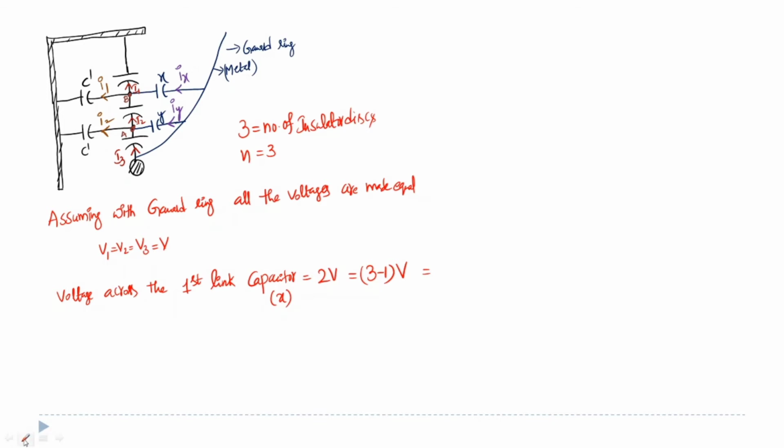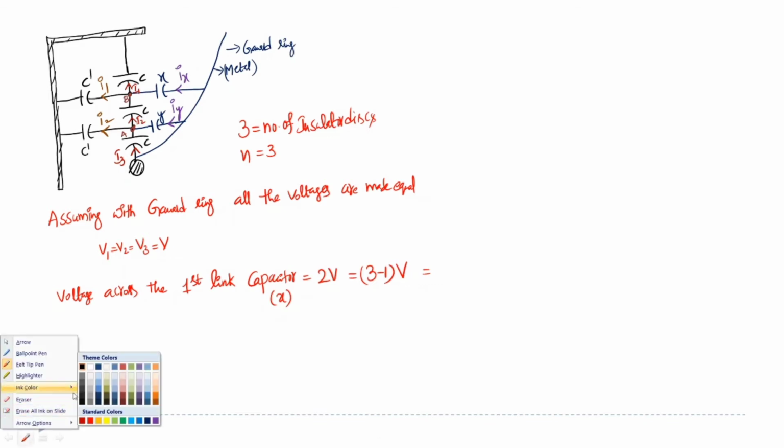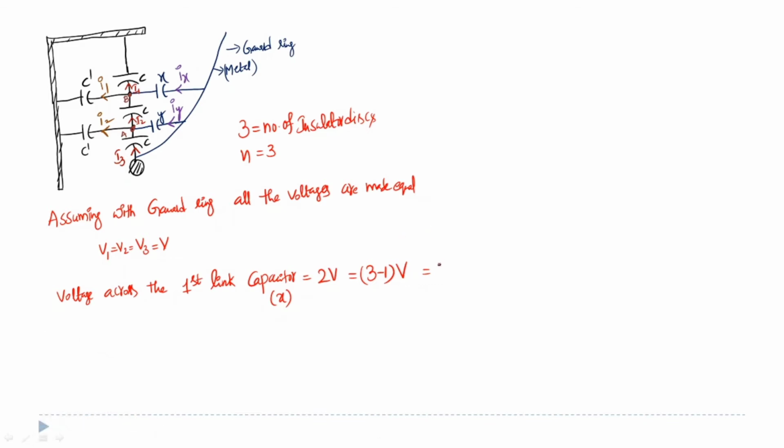Let me write it separately: this is a C, this is a C, and this is a C. Now what is this voltage? This voltage is (N minus 1) times V. It is a generalized expression. Similarly, voltage across the second link capacitor.